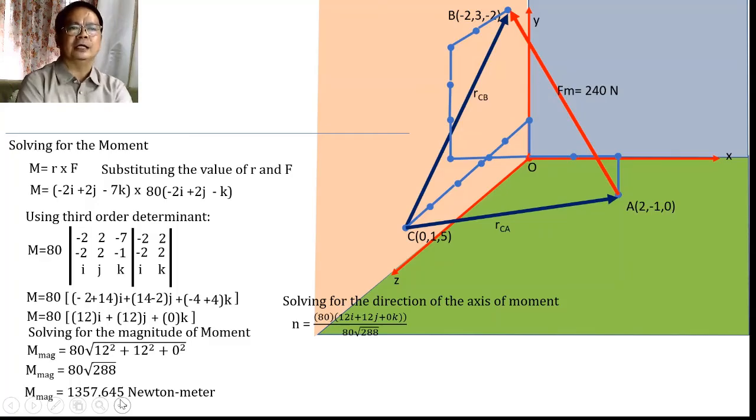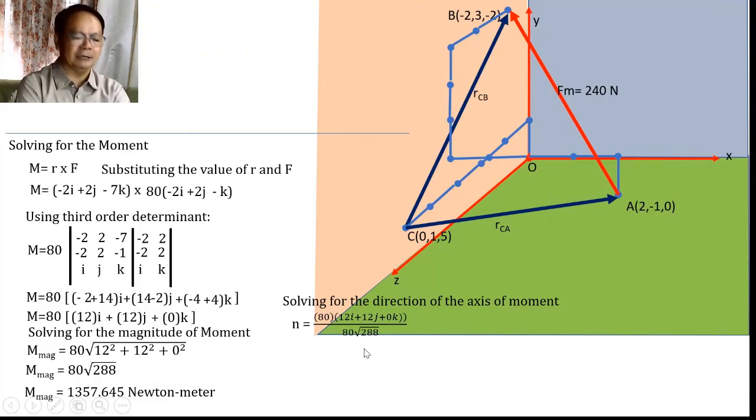Now we'll also be solving for the direction of the axis of moment, which we can solve for from the direction of the vector of the cross product, because we know that the direction of the axis of moment is the same as the direction of the cross product of the position vector and the vector F. This numerator, 80 times 12i plus 12j plus 0k, is the representation of the moment as a vector, and this denominator is the magnitude of the moment, which is equal to 80 times the square root of 288.